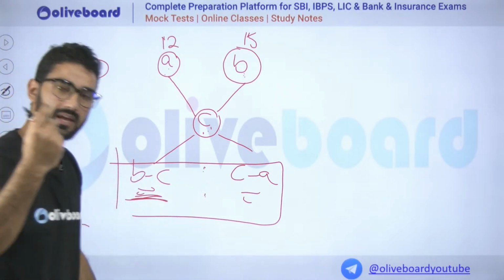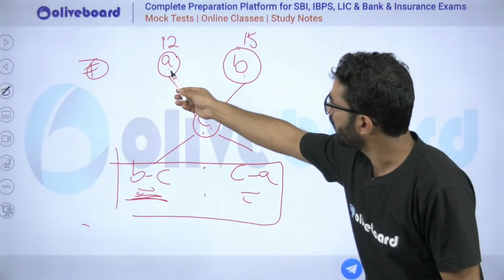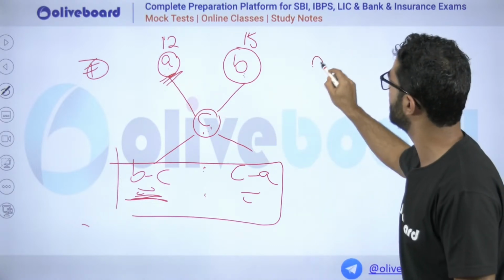Now here we have one formula. Now you can see what I have taken. Can I write the smallest term as A minus C?